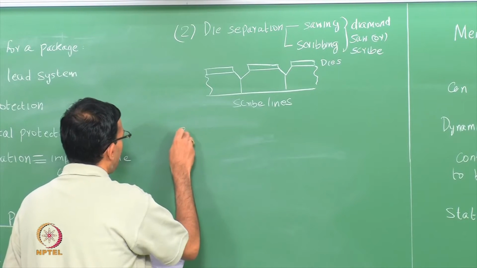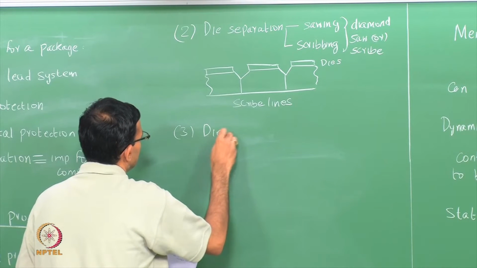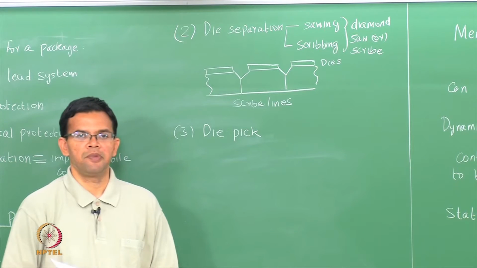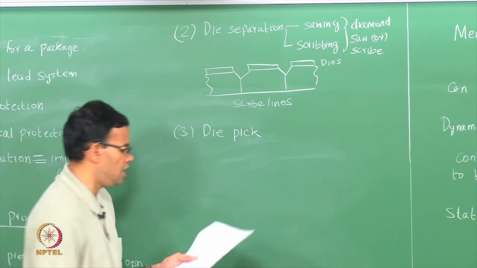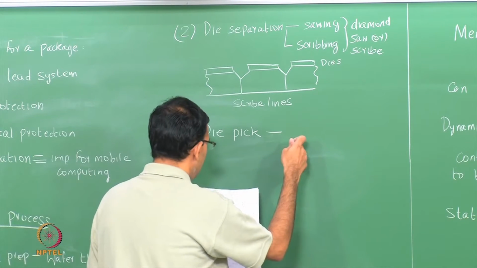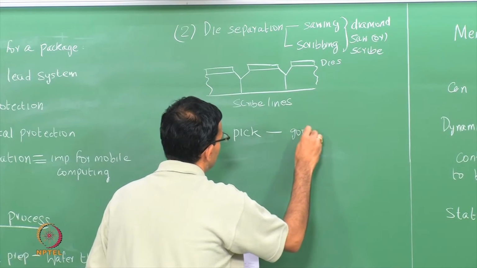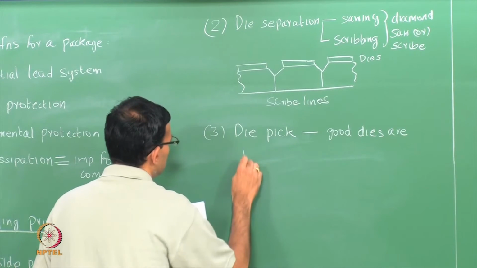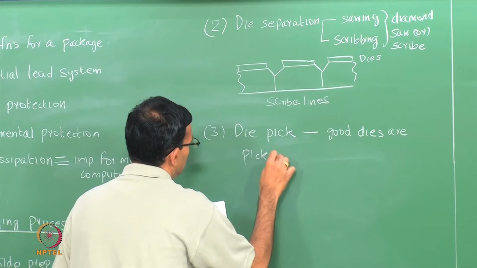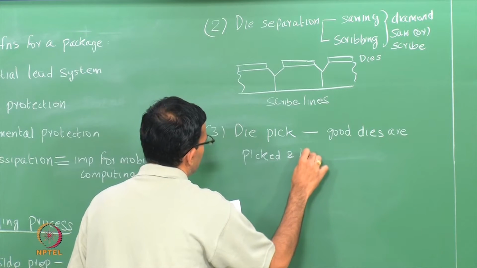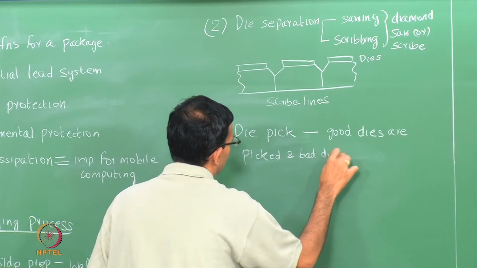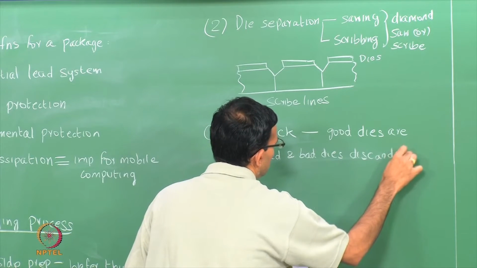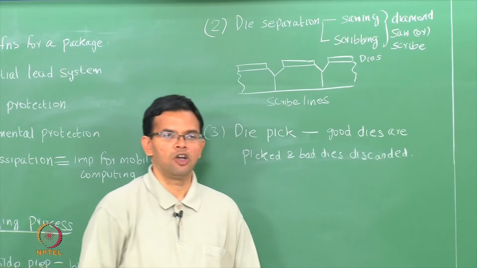After that we have die pick. Again, after die separation, the good dies are essentially picked and the bad dies are discarded. We saw this earlier.